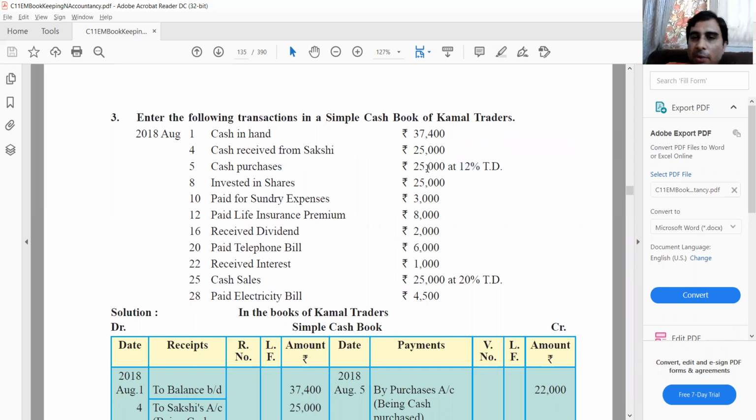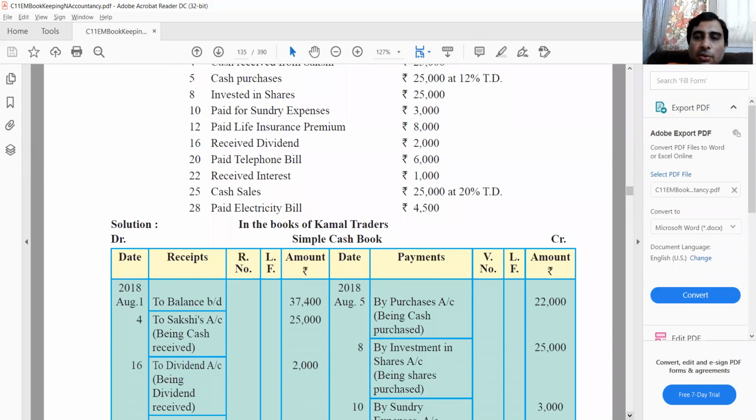That means you did not pay 25,000, you paid 12% less than 25,000. So you need to calculate 12% of 25,000, which is going to be 3,000 rupees, I think. So it will be 22,000, right? Because you paid only 22,000.